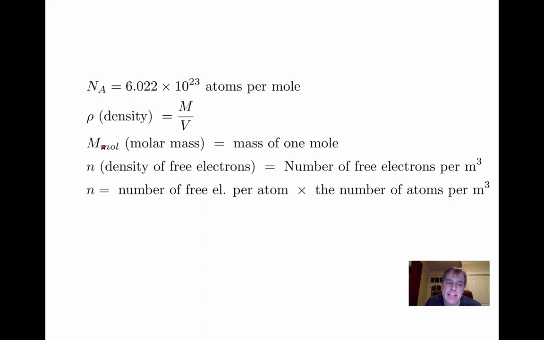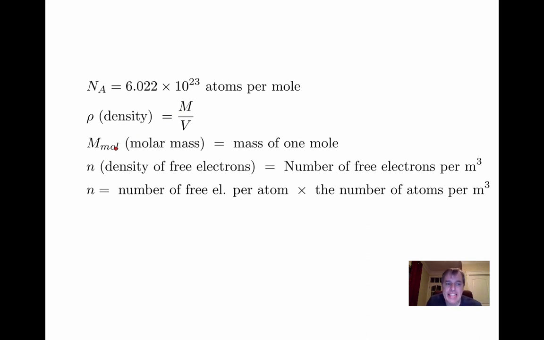Then there's a special mass called the molar mass of a certain material. If you look at copper, carbon, neon, any material has a different molar mass. The textbook uses capital M for the molar mass in some problems, but it's a bit confusing because in the density, this mass can be the mass of anything, the mass of any object.